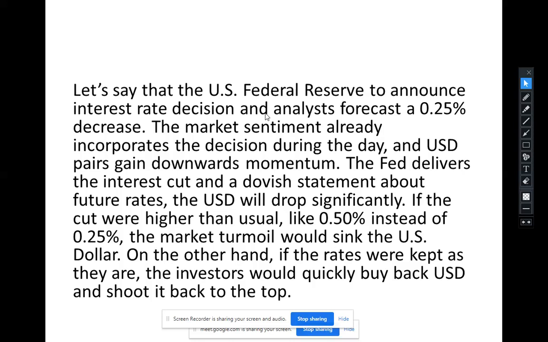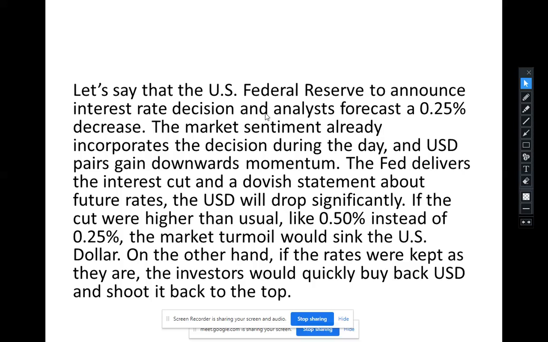And again, the Fed delivers the interest rate cuts and a dovish statement about the future rate. That means the USD will drop significantly. But if the cuts were higher than usual, like 0.50% instead of 0.25, the market will sink the US dollar. On the other hand, if the rates were kept as they are, investors will quickly buy back USD and it shoots back to the top.